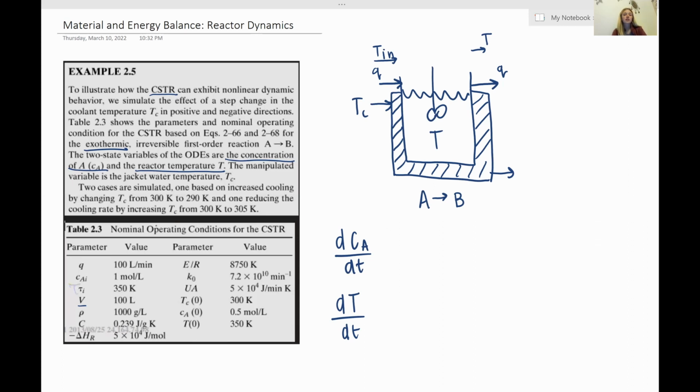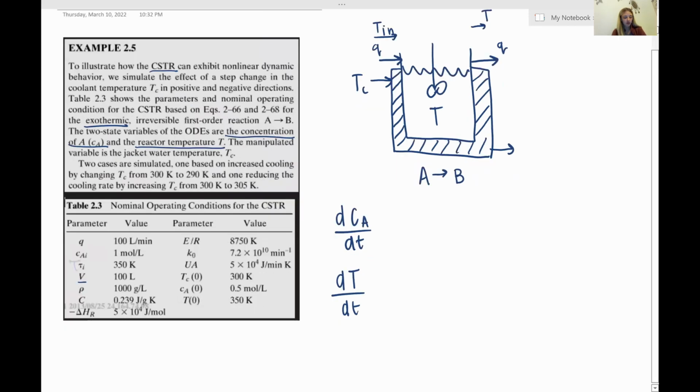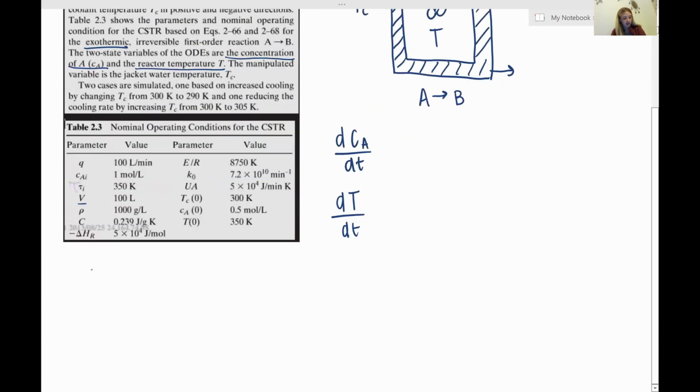If you are familiar with the Arrhenius equation, it has some reaction rate equal to K naught, which is the Arrhenius prefactor or frequency of collisions, multiplied by the exponential of negative activation energy over R, which is just a constant, times temperature.